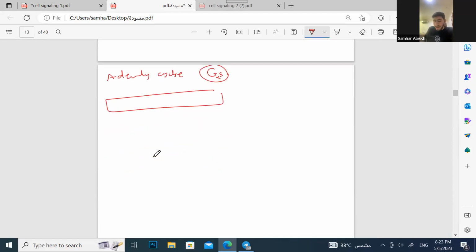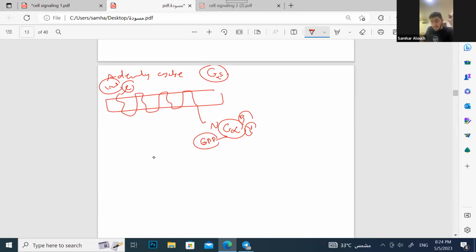So we have the membrane, and we have the seven helices or whatever, and it has the N-terminal and C-terminal. The C-terminal binds the ligand, and the N-terminal binds to the G-alpha, beta, gamma, and GDP. Okay, GDP, yeah. So now the ligand is bound, and GDP got converted into GTP.